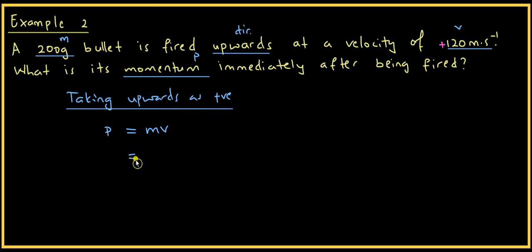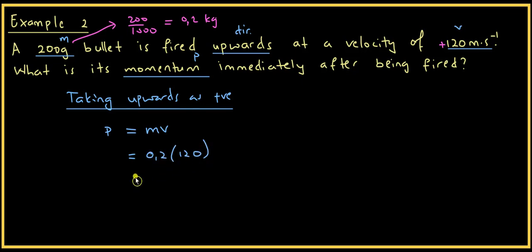And then I substitute. The mass that I'm having here is in grams, so I need to convert this mass to kgs. How do you convert grams to kgs? Simply divide this one by 1000. So 200 over 1000 gives us 0.2 kgs, right? So that's quite a heavy bullet. So we have 0.2 here multiplied by 120.